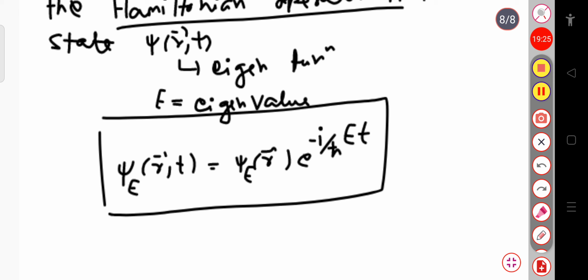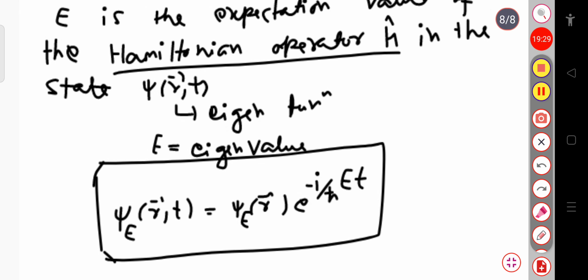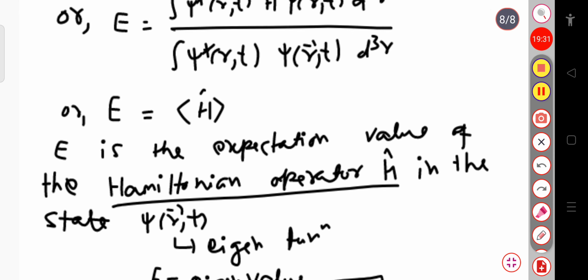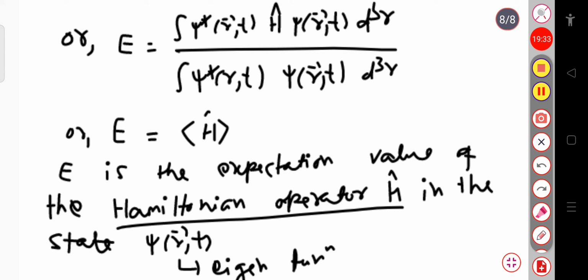This is the significance of the energy, that is what we have concluded: E is a real constant, not a complex number, and E is the Hamiltonian operator's expectation value, or we can say the eigenvalue of the Hamiltonian operator.